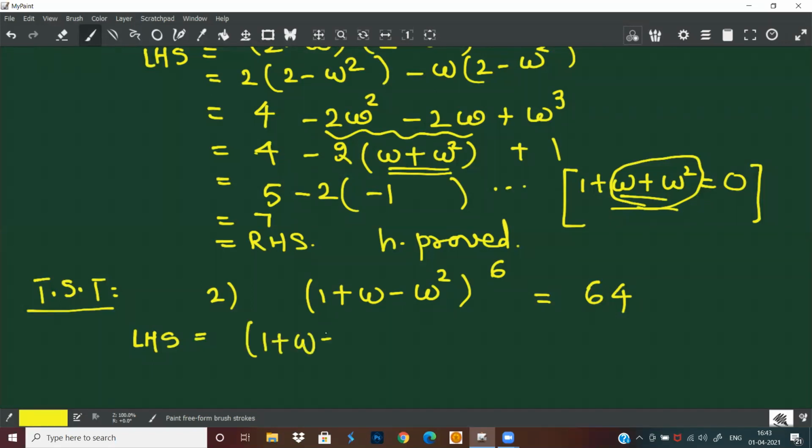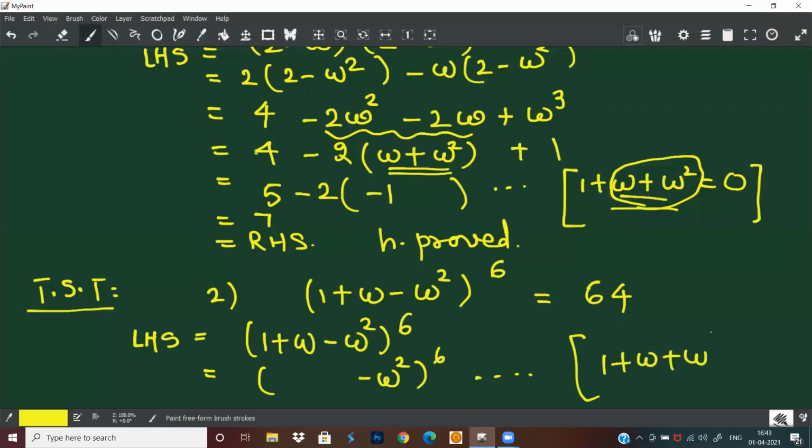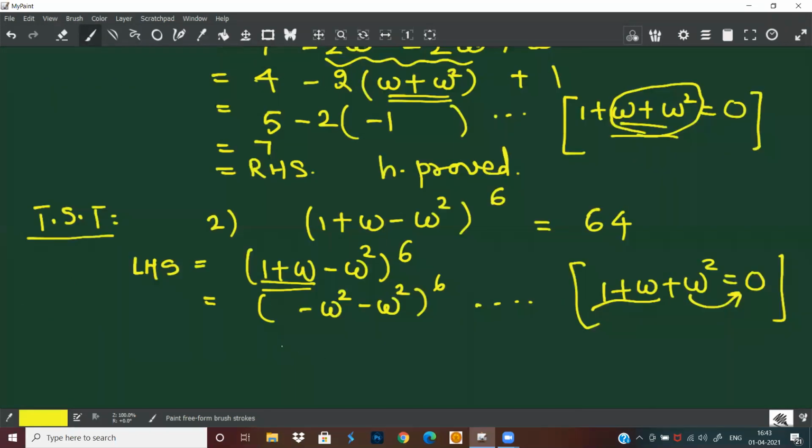So first you must have copied this. This is minus here. This stays as it is. Use 1 plus omega square is 0. So 1 plus omega is this part. This omega square goes there, so it comes as minus omega square. So minus omega square, yes, you're right.